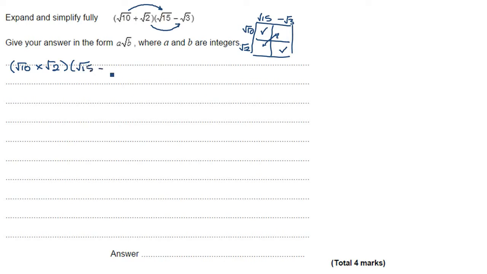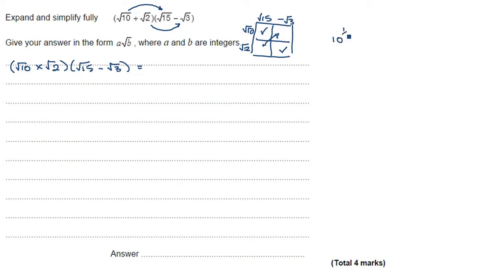When we multiply out now, we're going to start with the first, so root 10 times root 15. One key insight here can be gained from thinking about the rules of indices. Root 10 can also be written 10 to the power half.